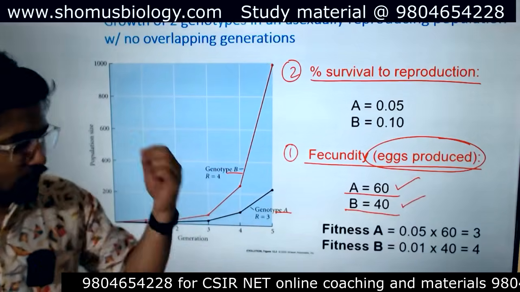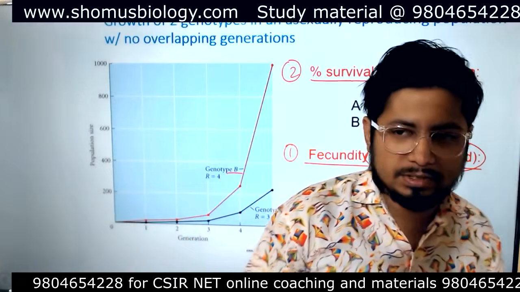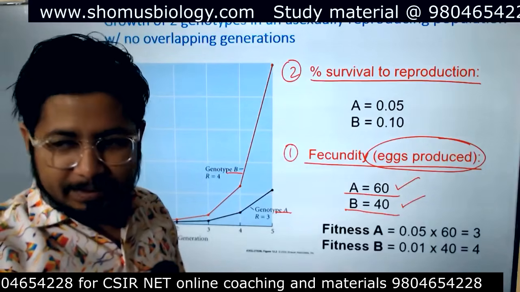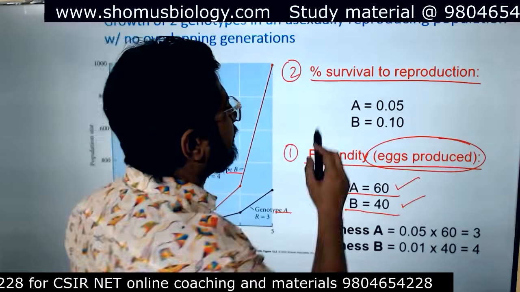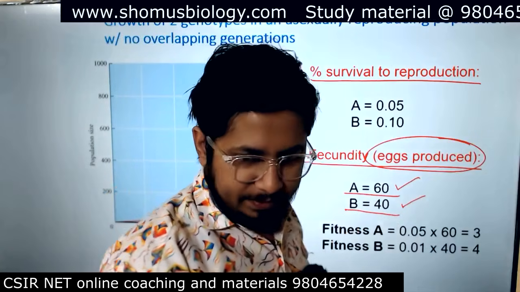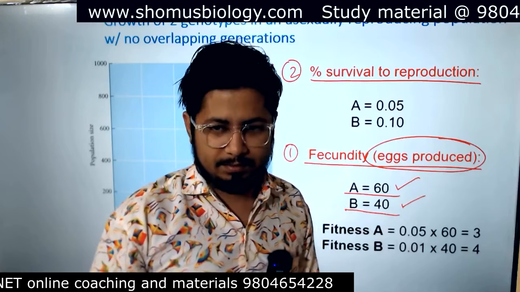That means if we solely measure fitness based on the number of eggs produced, then who has a better fitness? A than B. But that's not the sole constituent of fitness. The second thing is the person's survival to reproduction. It's a possibility that between A and B genotype, if A genotype is there, the organism will produce more eggs, more offspring.